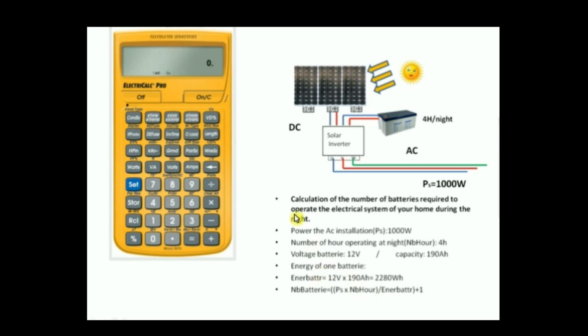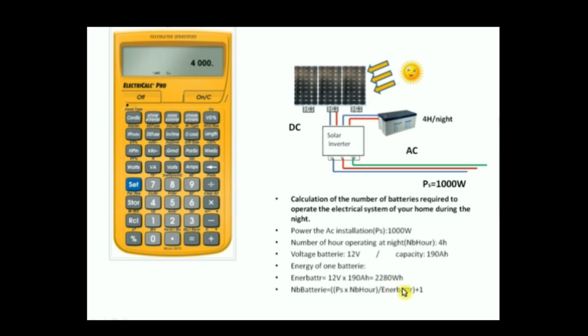So we're going to enter the power of the AC installation, which is 1000 watts, and we're going to multiply this value by the number of hours, which is 4 hours. So here we have 4000, and we're going to divide this value by the energy of one battery.